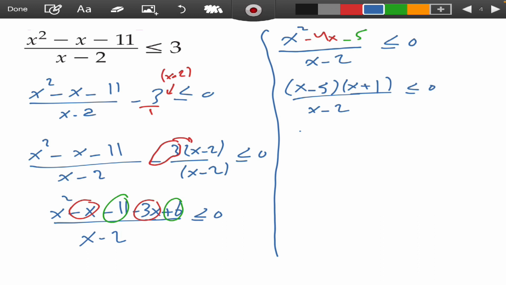Solving x minus 5 equal to 0, we're going to get x equals 5. Solving x plus 1 equal to 0, then x equals negative 1. Since x minus 2 is in the denominator, it shouldn't be 0. Then x shouldn't be 2.